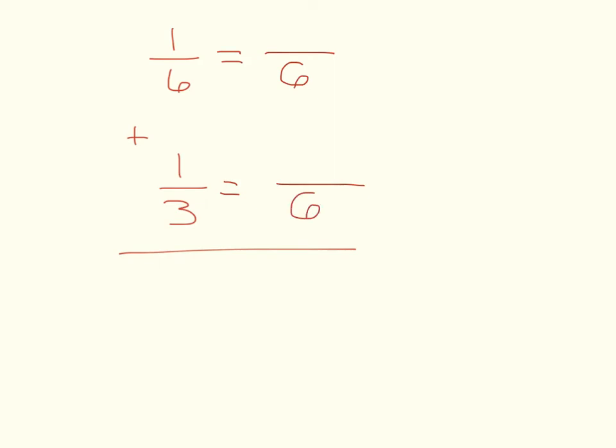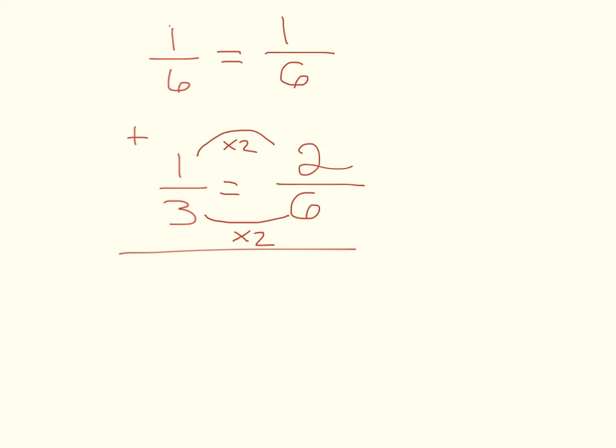So now 1/6 equals 1/6. I can just rewrite the 1 right there. And now 1/3 equals how many 6? Well, 3 times 2 makes 6. Whatever I do to the denominator, I do to the numerator. 1 times 2 is 2. So now I'm going to add 1/6 plus 2/6.